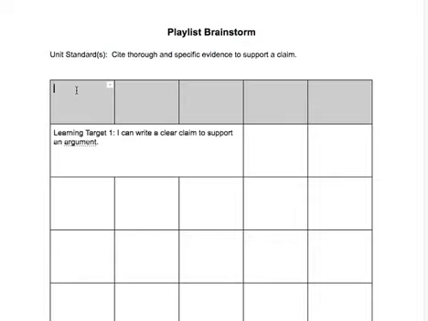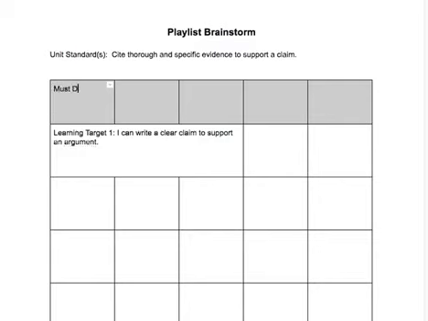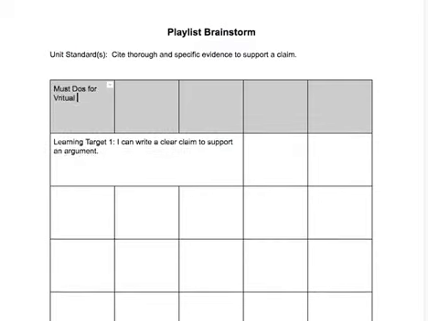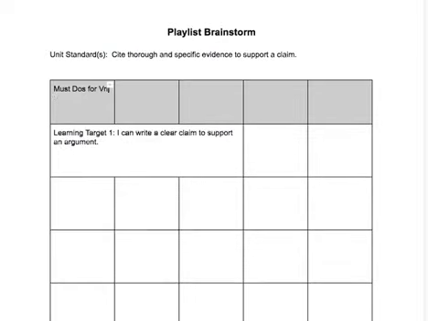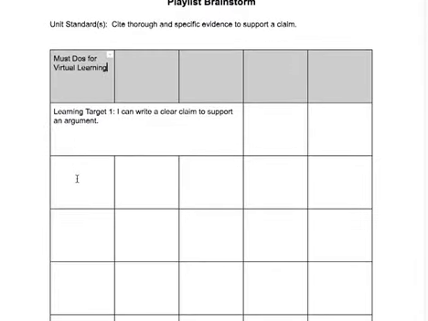So the first column is, I want to make sure I word this correctly, must-dos for virtual learning. Our first column is always going to be the must-dos for virtual learning, because we've said if we're prepared for virtual learning, we are prepared for anything. And that's all we're going to focus on right now. For this target, what are the must-dos for virtual learning?